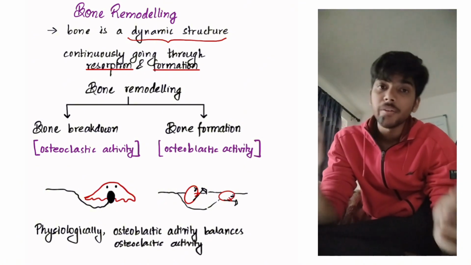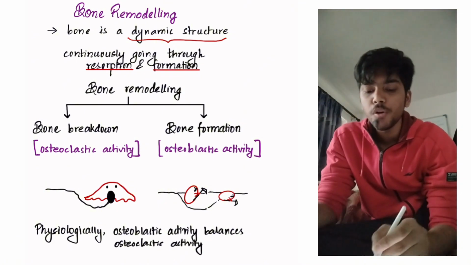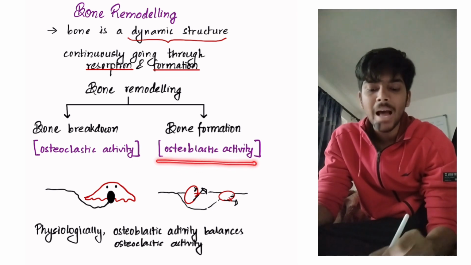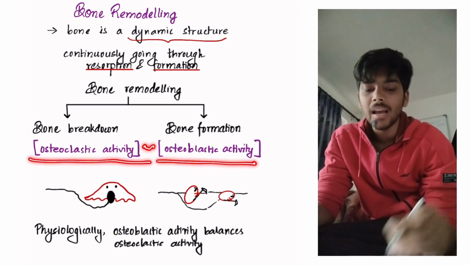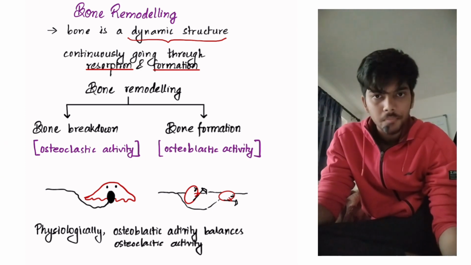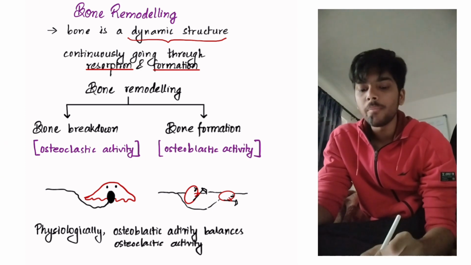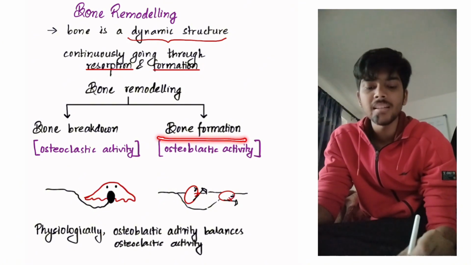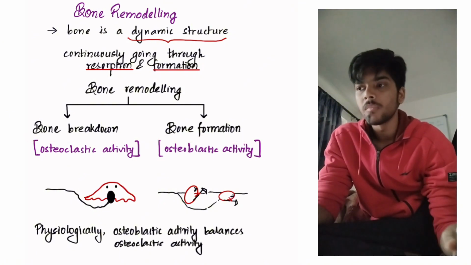Physiologically, that is in case of a normal bone, the osteoblastic activity balances osteoclastic activity. As a result, the mass of the bone does not decrease. That is, the formation of new bone balances the breakdown of old bone.